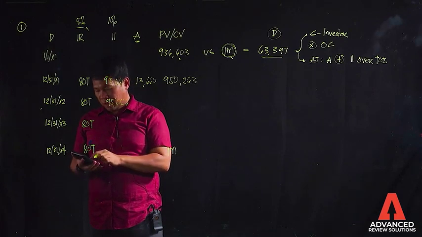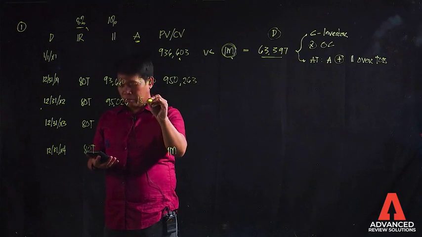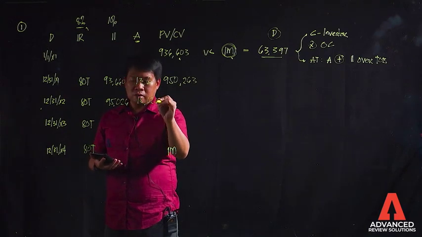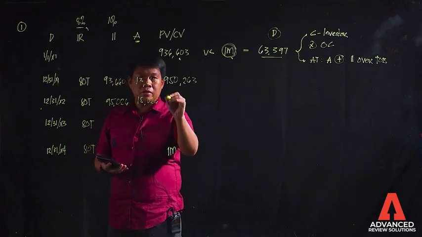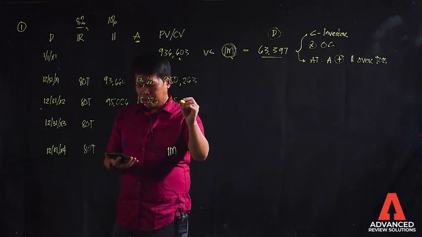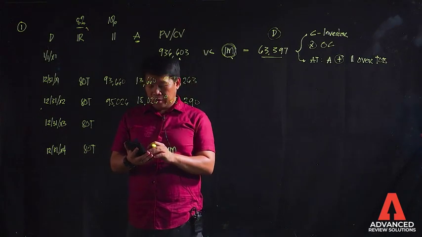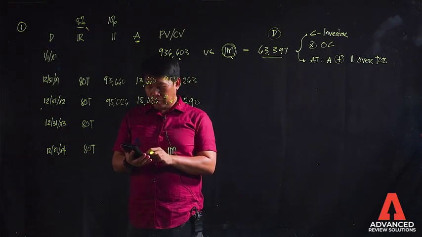Minus 80,000 equals 15,026. Memory plus recall, this is 965,290, rounded off already. Times 10%.